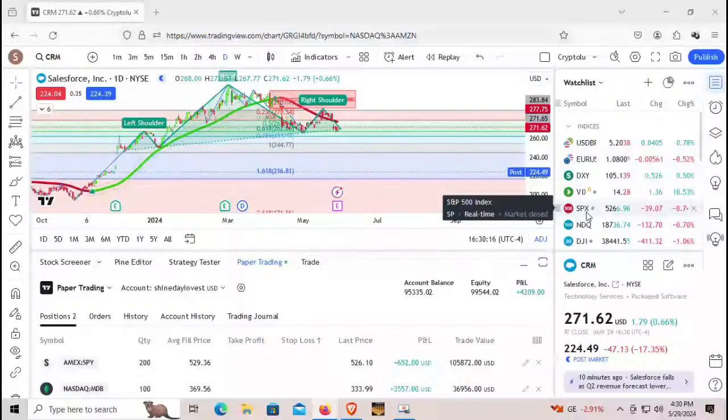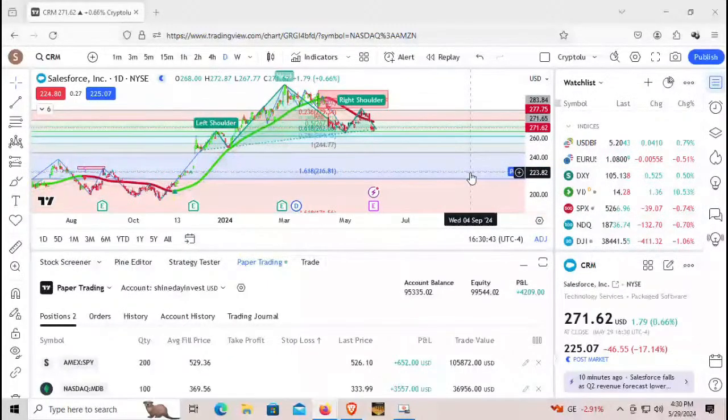Welcome to Option Trade Ideas 101. Today we're going to take a look at the results of CRM, which is Salesforce. As you can see right now, they're taking a bid at 17.39% to 24 at this moment. If you look at Fibonacci on the day chart, it looks like the 216.81 is the reverse for a bearish situation.